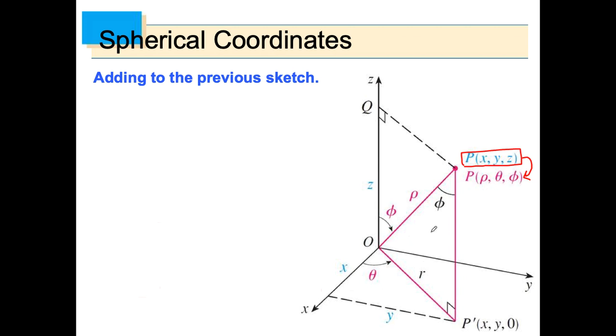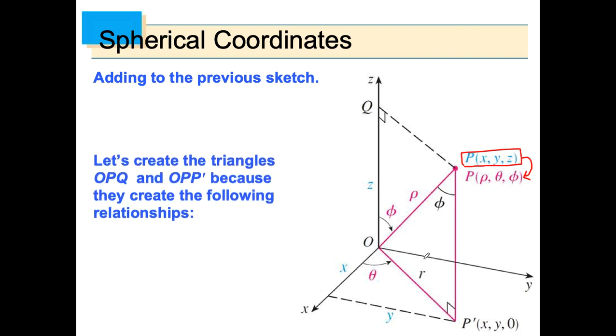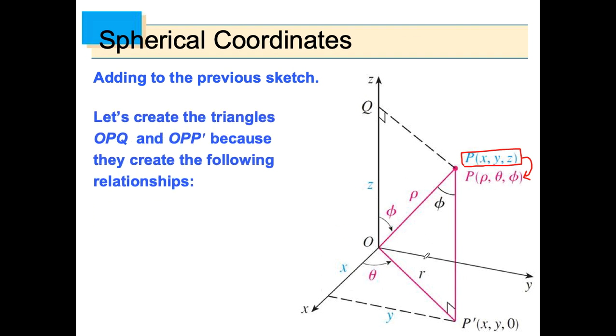And of course, we have this right triangle from the original picture in the middle. So as far as I can see, I see 3 right triangles in the picture here. Based off of our experience with basic trigonometry, I would think that these 2 triangles, OPQ and OPP prime, create the following relationships, and I hope you would agree.